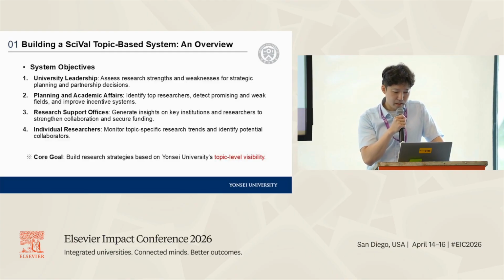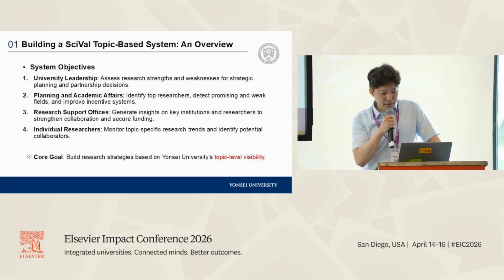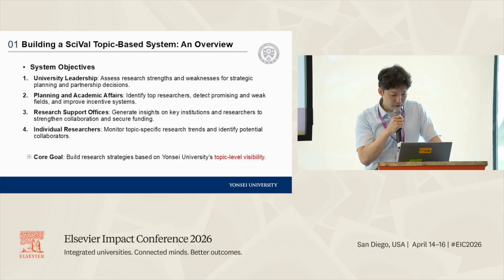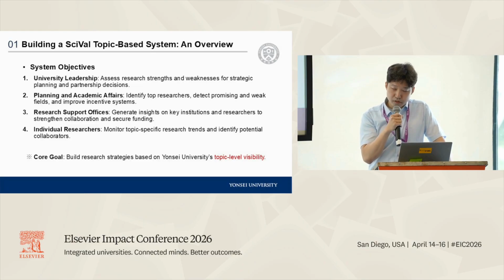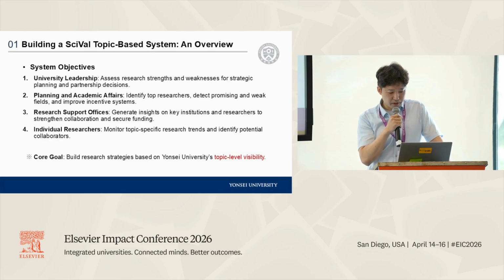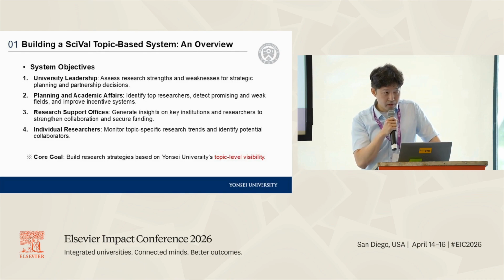And for planning and academic affairs, it's about discovering and recruiting top-tier researchers, detecting promising or underrepresented fields, and refining incentive systems. And research support offices can utilize the system to generate insights on key institutions and researchers to strengthen collaboration and secure targeted research funding. And for individual researchers, it helps them monitor topic-specific research trends and identify potential collaborators.